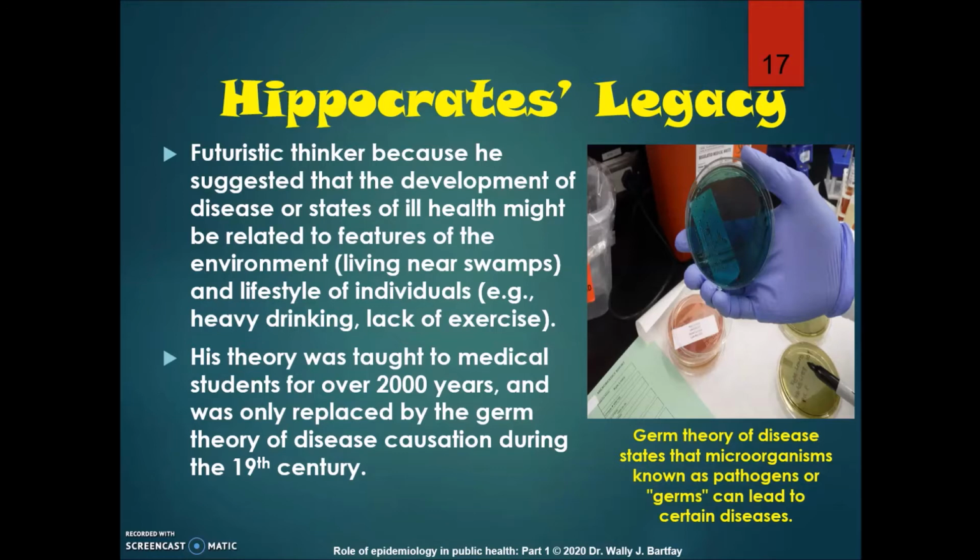He didn't know, of course, it was related to mosquitoes as we do now, but he knew that the gases and so forth were associated with states of ill health. And also the lifestyle of the individual, heavy drinking of alcohol, excessive amounts of food, caloric intake, lack of exercise, all contributed to one's health and well-being as well. So this was quite futuristic thinking for his time.